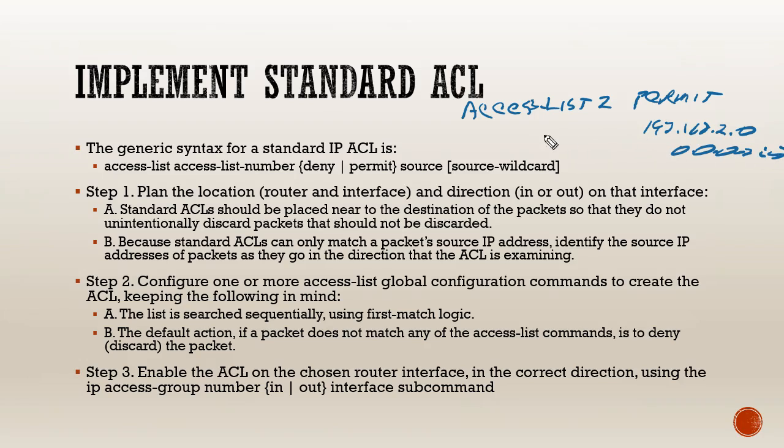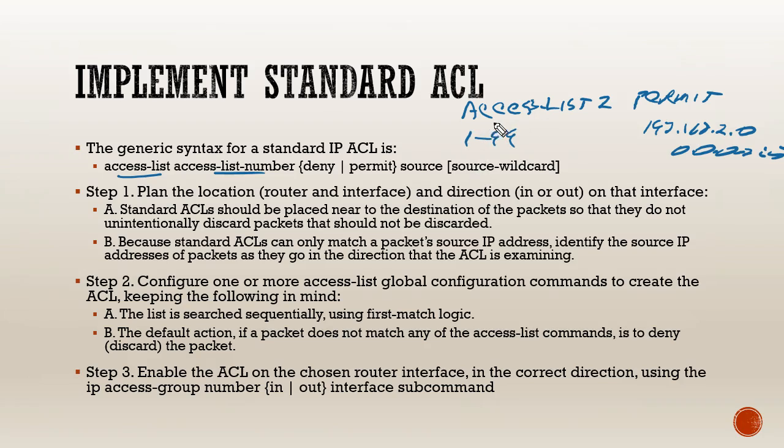That would be okay. Then everything else would be denied if that was the only thing we wanted to permit, because the implicit deny would then take place. So the generic syntax: access-list, the number, deny or permit, the source IP, and then the source wildcard. And the numbers are 1 to 99 for the standard list.